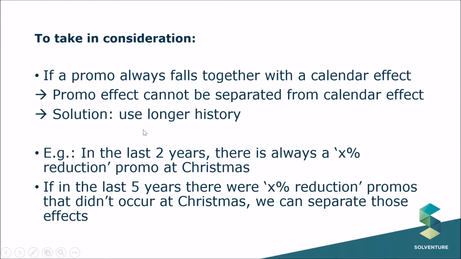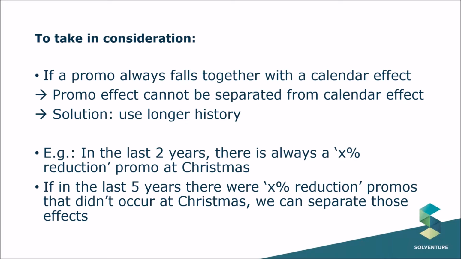Some general stuff. If a promo always falls together with a calendar effect, so if we say, well, I have only 2 years of data and each year at Christmas I do a promo with a reduction of X%. Well, if these two are always falling together, it's impossible for statistics to make the difference between the two. So it's as in any other forecasting.